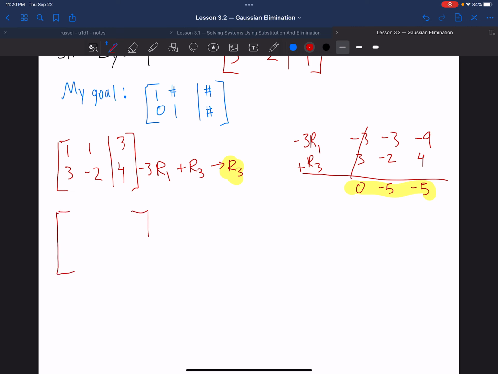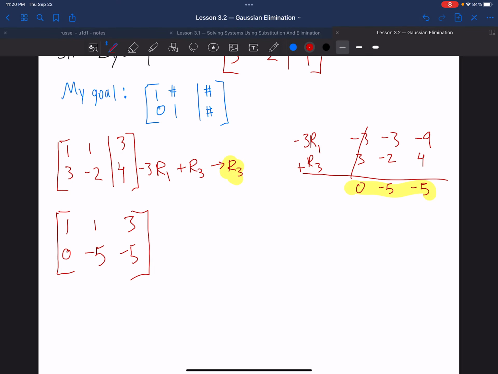You're going to be lost if you don't keep it organized. So keep row 1 the same. It's 1, 1, 3. But the bottom row is now 0, -5, -5. I don't like that -5. There we go. I'm going to detach my iPad from the keyboard.